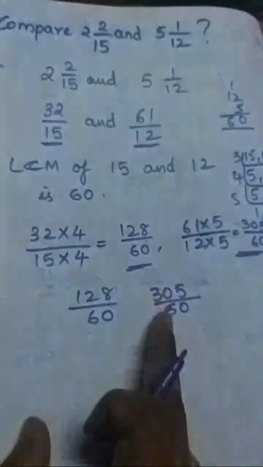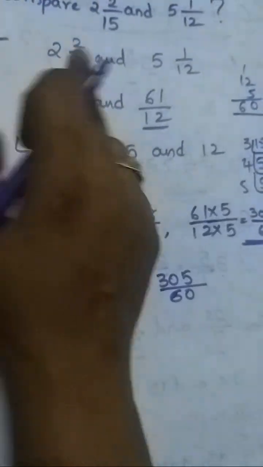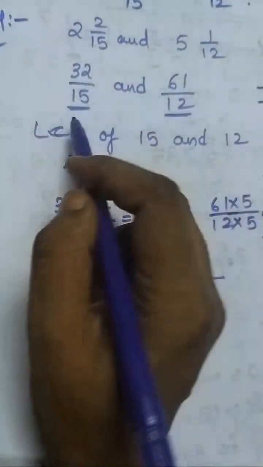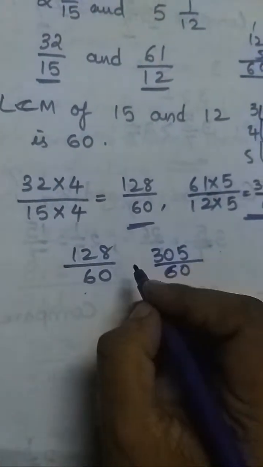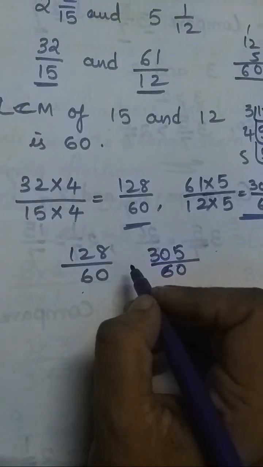Here given unlike fractions, mixed fractions but unlike denominators, we have converted them into proper fractions and by doing the LCM we have obtained like fractions. So compare the numerators first.